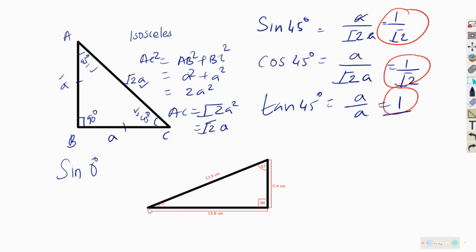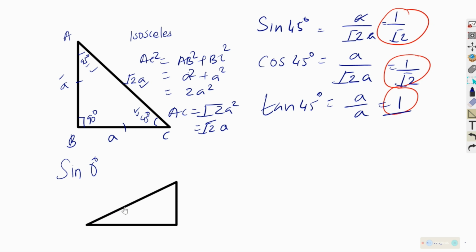Let the triangle be ABC, like this, A, B and C. This is 30 degrees suppose. If I bring this down to 0 degree, then you can find out sine 0 degree.